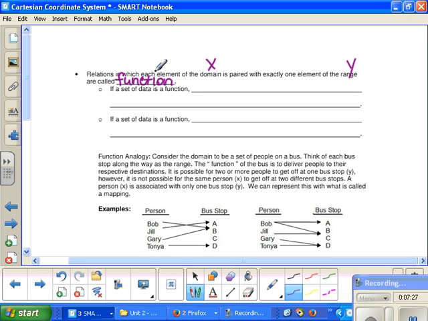So if we say the set of data is a function, each x is paired with one y. We can look at some examples of what that means in a minute.